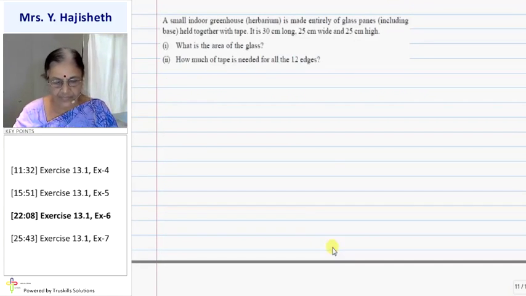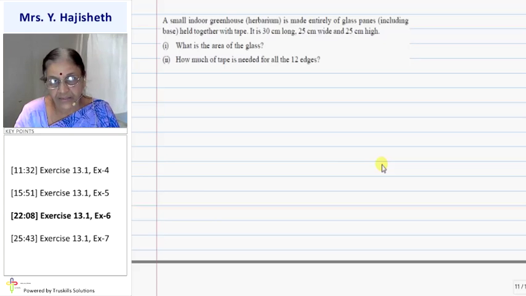Now see, it is about a small indoor greenhouse. Clear? It is made entirely of glass panes, including base, held with tape.